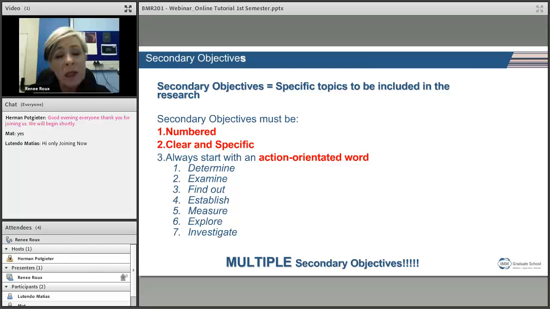Now, your secondary objectives need to be very clear and specific, and they always start with an action-orientated word. Words like determine, examine, find out, establish, measure, explore, investigate. You always start your secondary objectives with those types of action-orientated words.